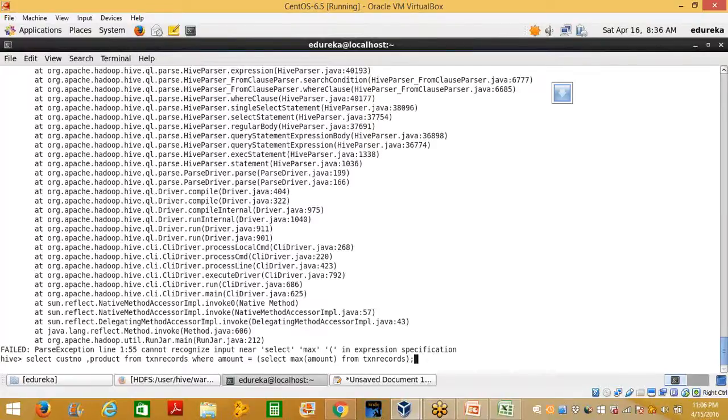Where amount is greater than, shall we put like this? Where, one minute. Something like select amount in select amount, just for an arbitrary purpose I'm doing. I'll do like this and that's it.